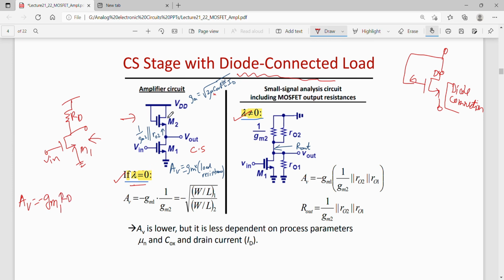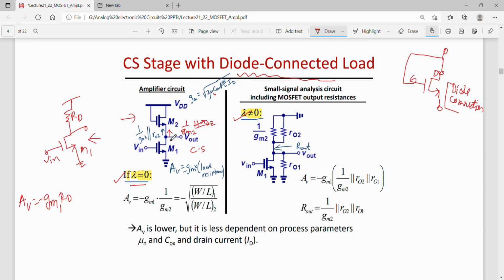Looking into this terminal, that is the source of M2, one can write the impedance as 1 by gm2 parallel to ro2. But since there is no channel length modulation, ro2 will not be here, only 1 by gm2.